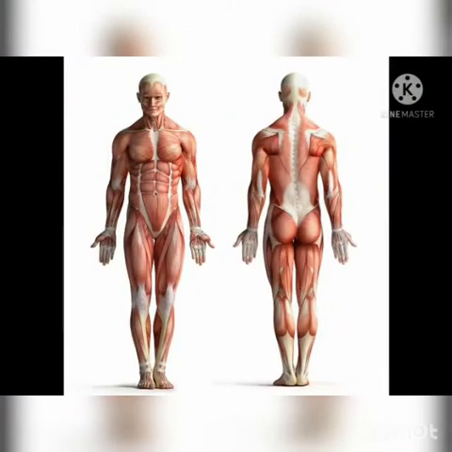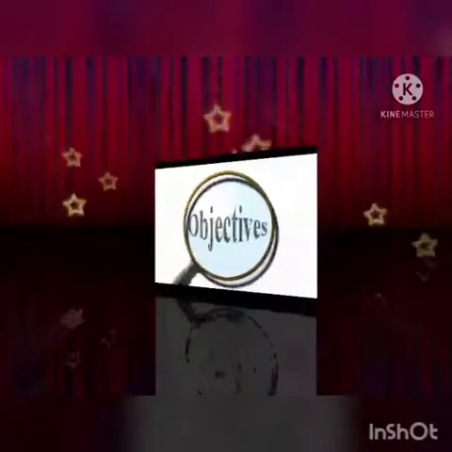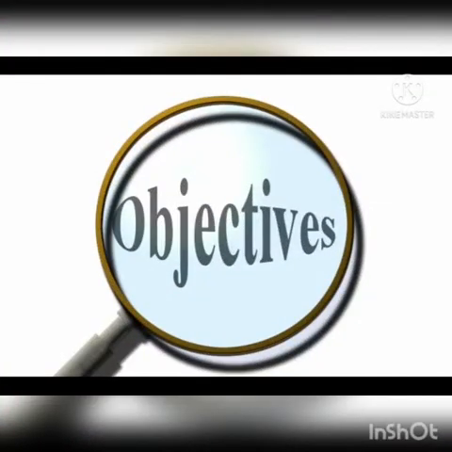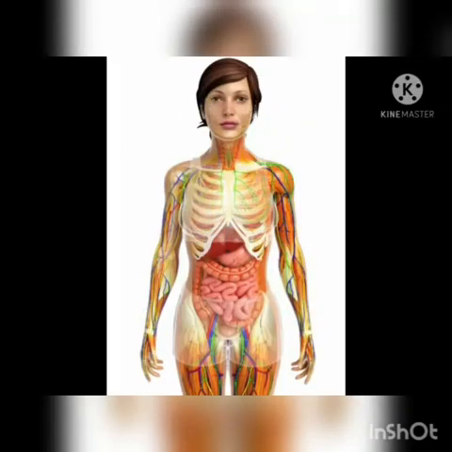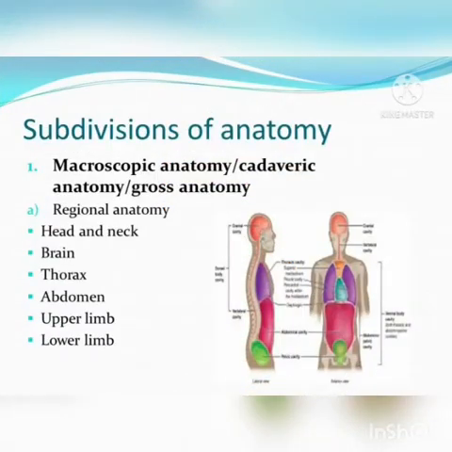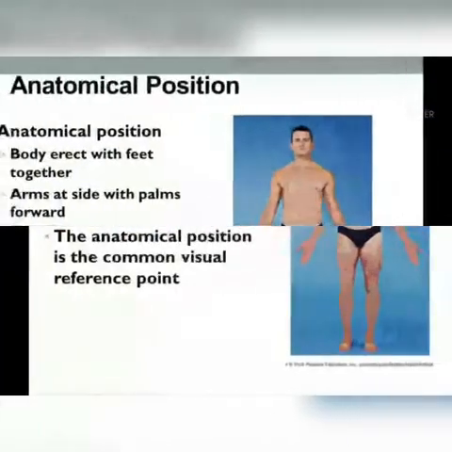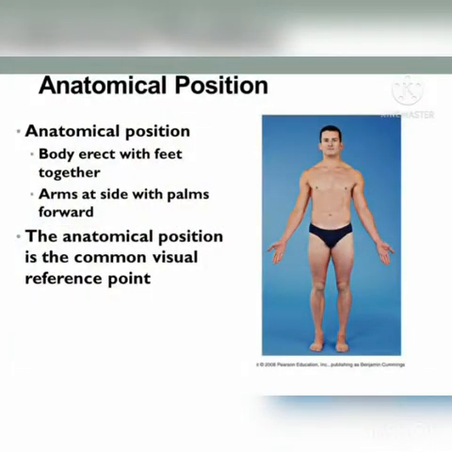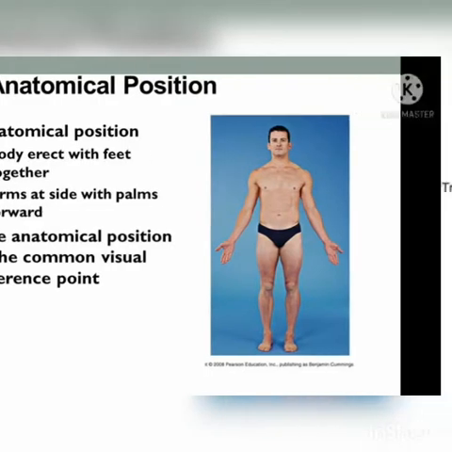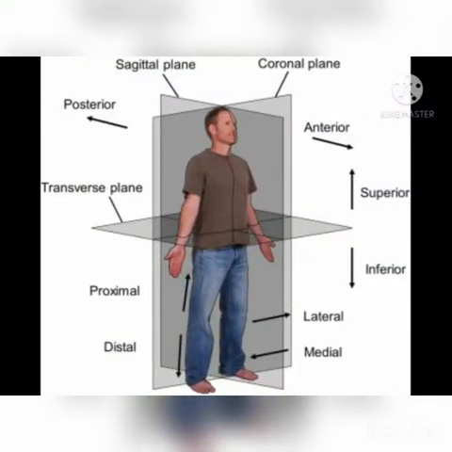In this lecture, first of all, I would like to clearly define the objectives so that at the end of the lecture you should be able to understand the definition of anatomy, followed by the various subdivisions of anatomy, the normal anatomical position, various planes of the body and terms of relations, and various movements of the body.